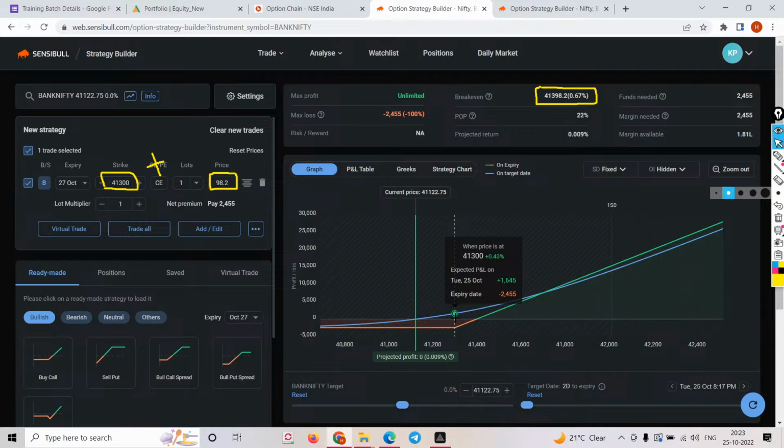When the market expires here on the expiry, you will have your maximum loss. Straight, simple. But tomorrow, let's say the market gives you a quick momentum and it goes to 41,300, you will get a profit of 1,645, right?